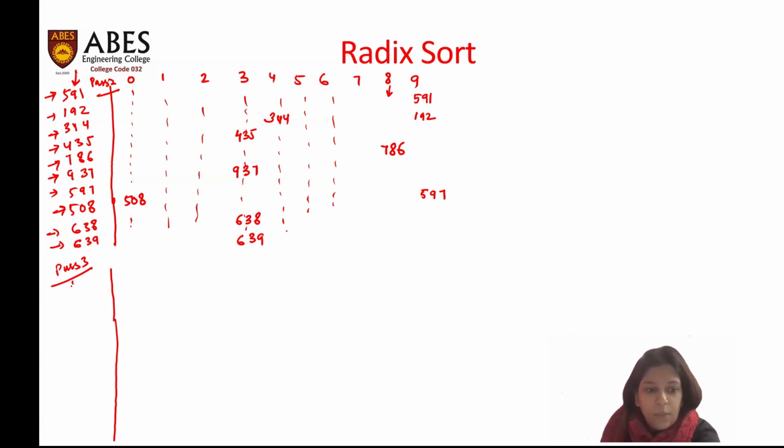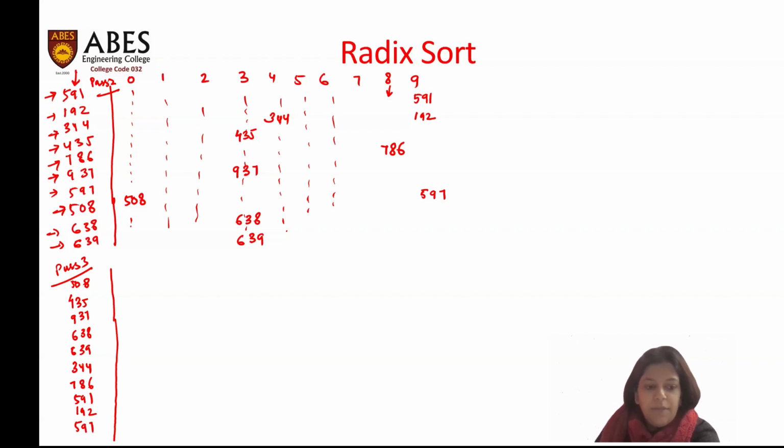So let me quickly write down the numbers that we have got: 508, 435, 937, 638, 639, 344, 786, 591, 192, and 597.